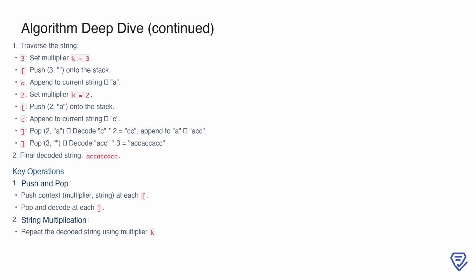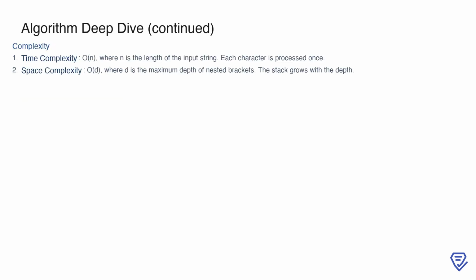Throughout this process, the stack ensures that the correct context is maintained, and operations like string multiplication handle the decoding efficiently. The algorithm is both time and space efficient. The time complexity is O(n), where n is the length of the input string. This is because we process each character exactly once during the traversal.